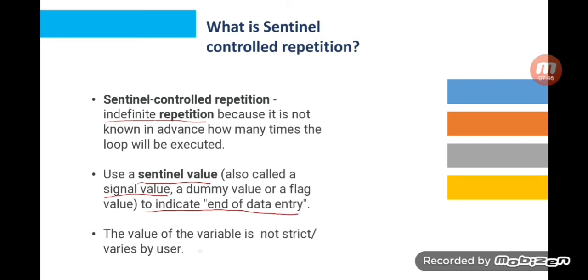The value of the variable is not strict, it is varied by user. User can enter any value, or the program accepts any value as long as it is not equal to the sentinel value. So this is the sentinel control repetition.